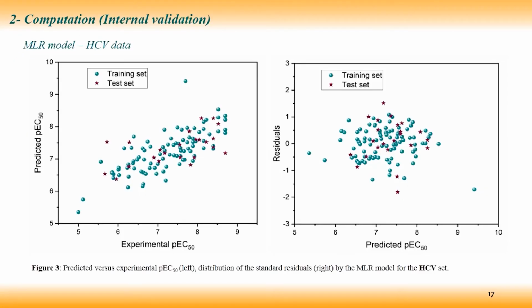Here are the results of the MLR models concerning the HCV data, where the obtained determination coefficient, which is the R square, was lower, and the MSE errors was higher. And it has been shown that the MLR method's predicted activities were far from the experimental values.